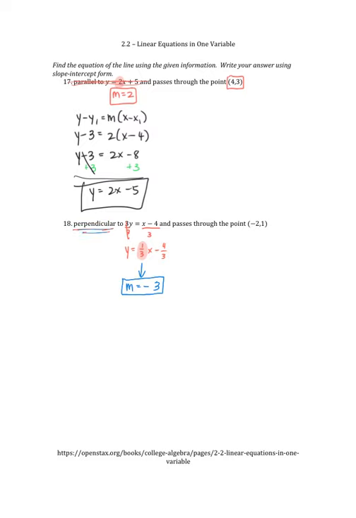Okay. So now we don't care about any of that. We're going to use m equals negative 3 and the point negative 2, 1. And we're going to use our point slope form. So y minus y1 equals m times x minus x1. So y minus 1 is equal to negative 3 times x minus a negative 2.